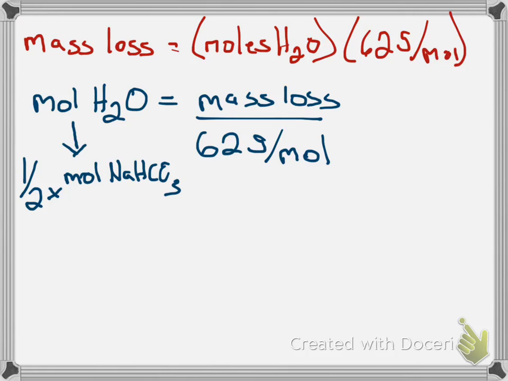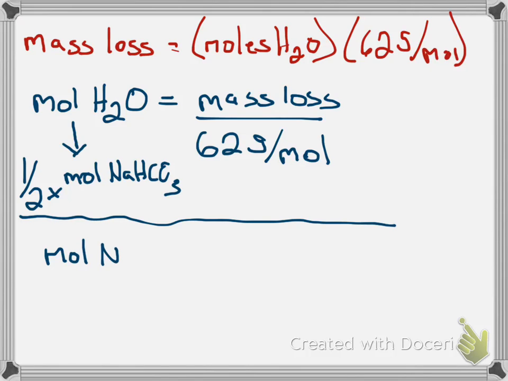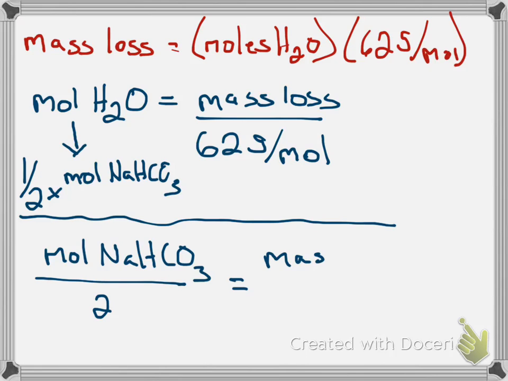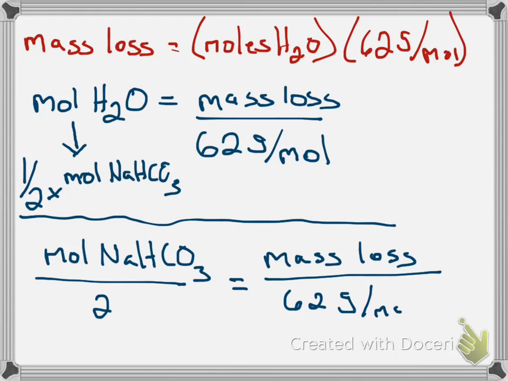Okay. So if we do the rearranging, we're going to get the moles of sodium bicarb divided by 2, because that'll multiply together here on the left side, and that equals our mass loss divided by 62 grams per mole. Okay.